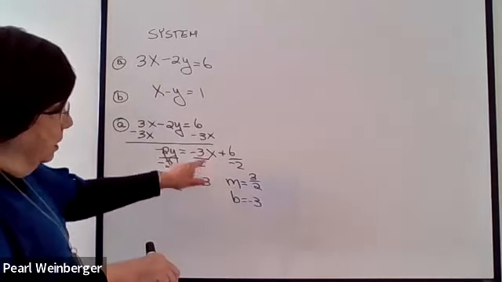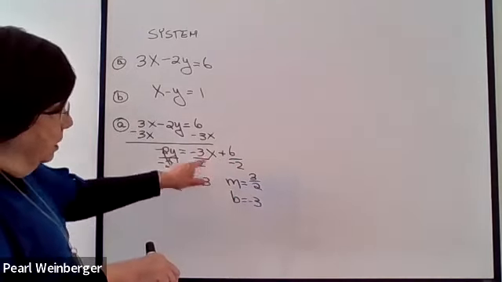The point where they are meeting, the solution to this system, is 4, 3. You could have also written it like this: the x equals 4 and the y equals 3.